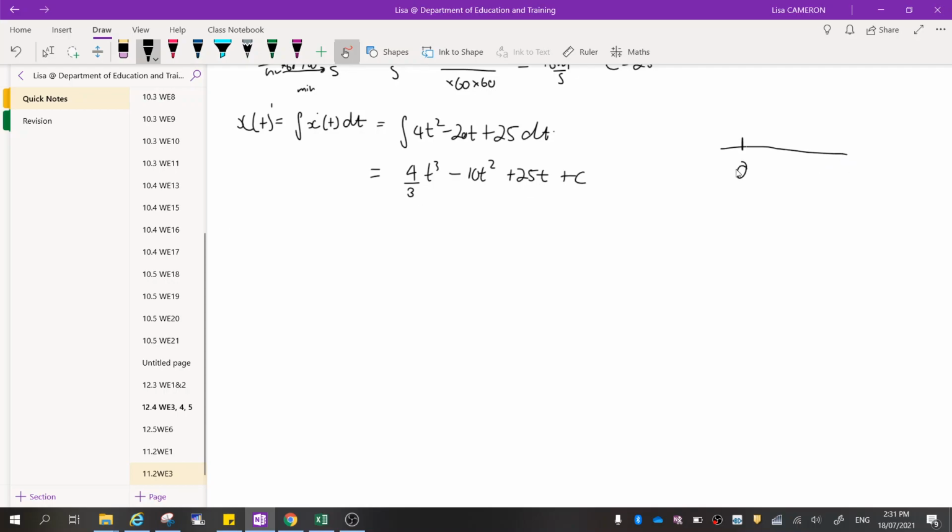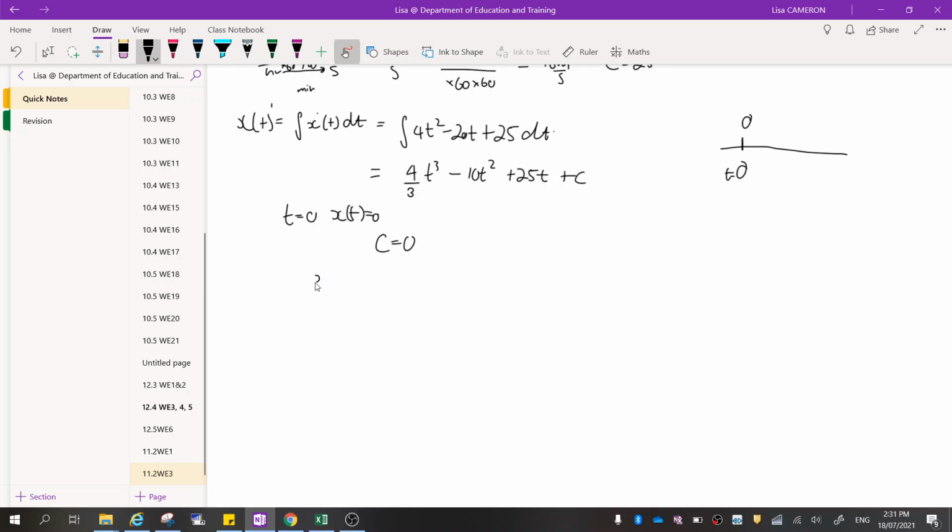Here we are. That's where we brake, okay? The time when we brake is 0, and when you brake is when you start. So that is also going to be 0 if we're just determining the distance between the 2 points. So that means that when t is equal to 0, x(t) is also equal to 0. So now I'm going to let this function equal 0 and solve for c, which is going to give us that c is equal to 0 as well.